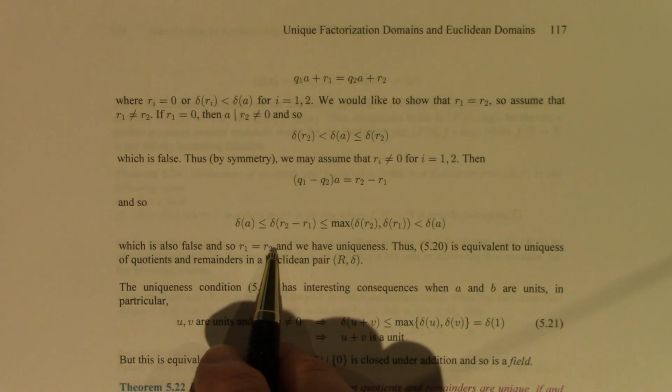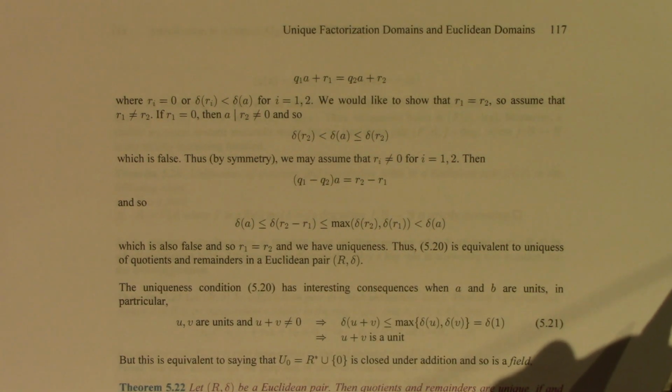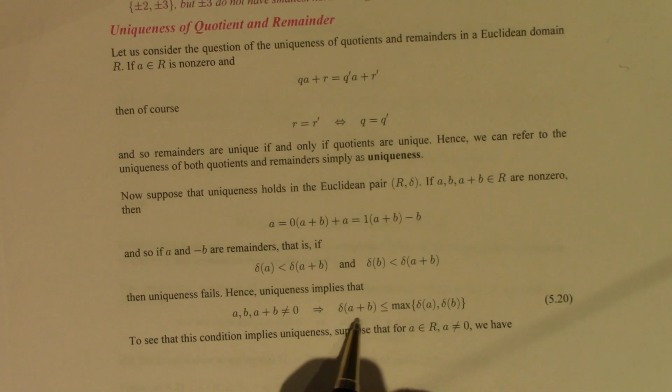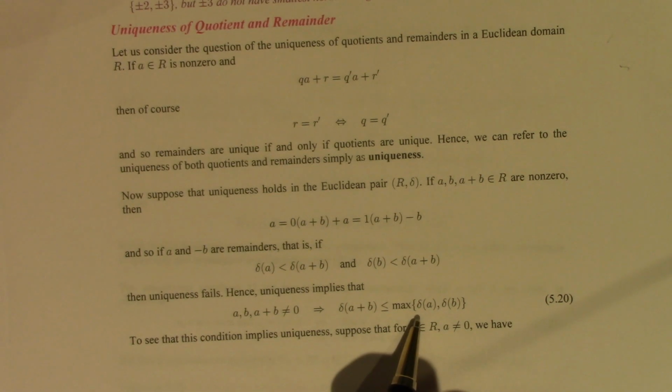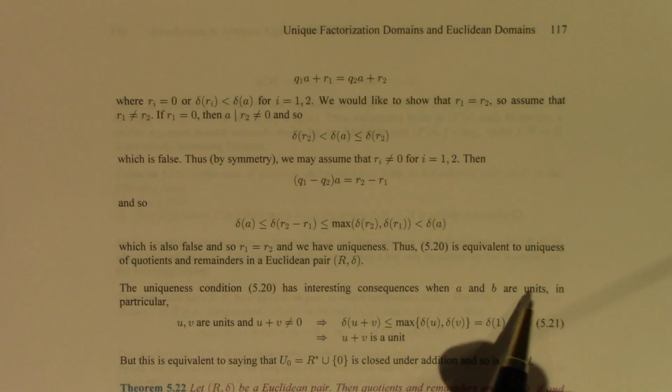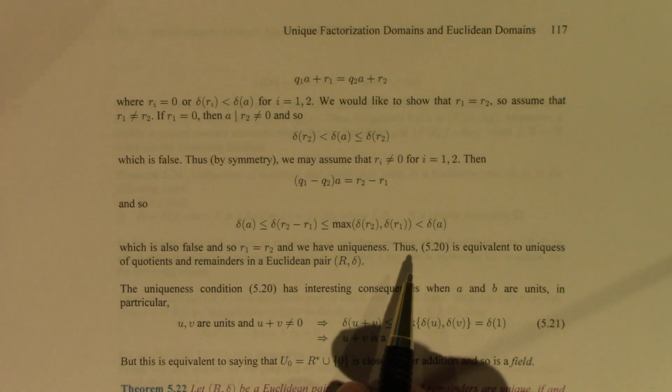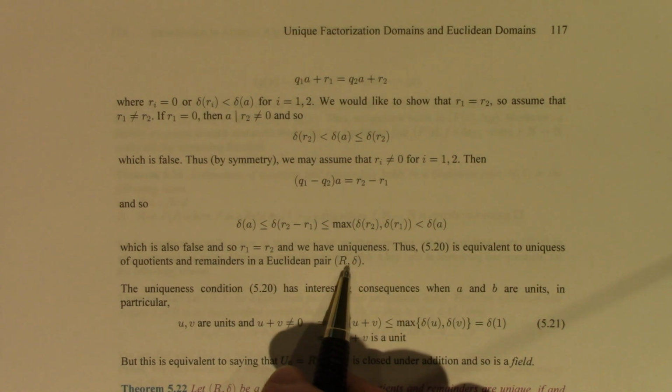So R1 must equal R2, and we have uniqueness. And so this norm of a sum inequality, or norm upper bound, is equivalent to uniqueness of quotients and remainders in a Euclidean pair.